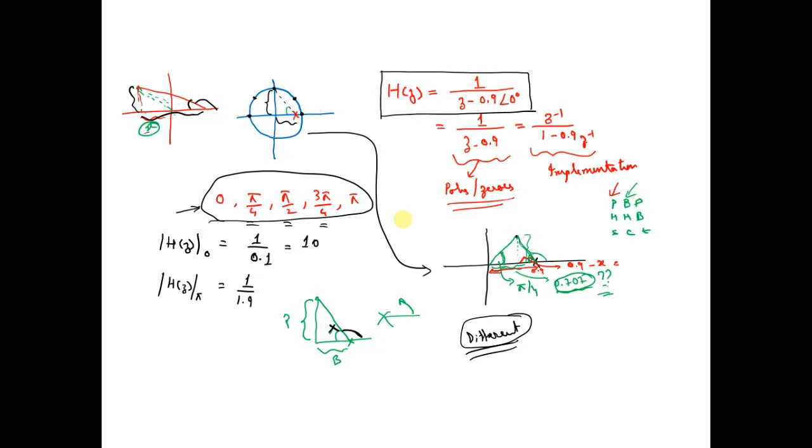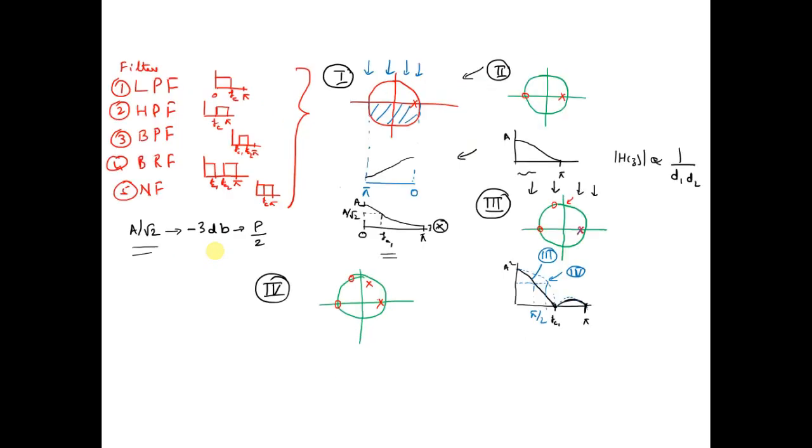So good evening everyone. In our last class we discussed how, if we are given a transfer function, we can find the amplitude response of the filters. Now let us look into the different filters.